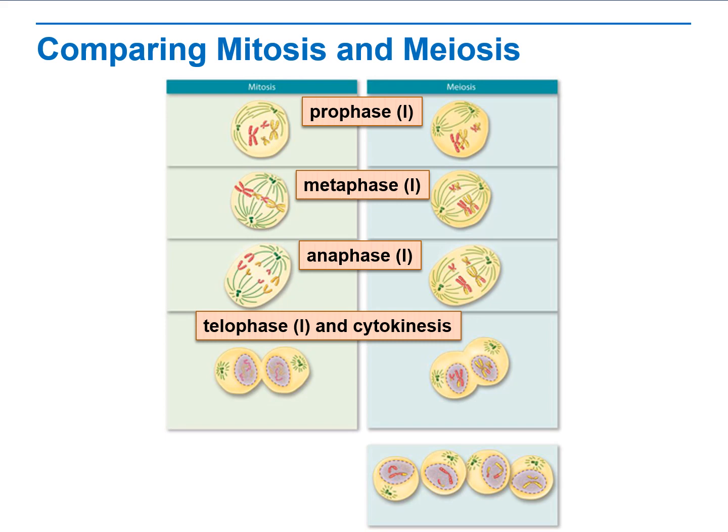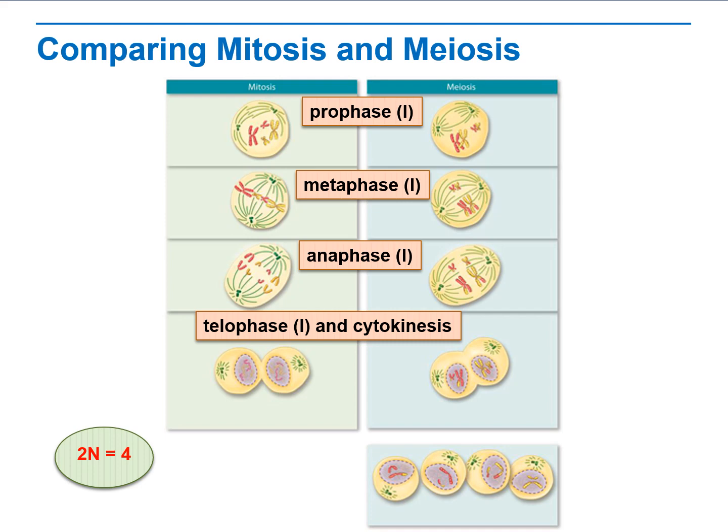As you walk yourself through the diagram, note the differences in the lining up of chromosomes, the number of chromosomes each cell contains, and how chromosomes separate into new cells. Identify the chromosome number of resulting cells from each process.